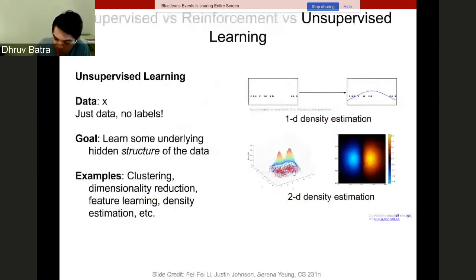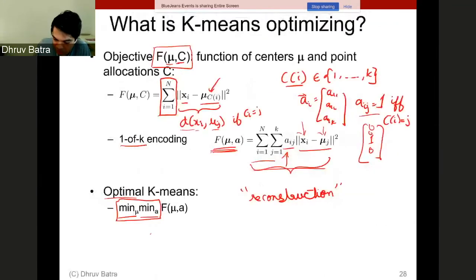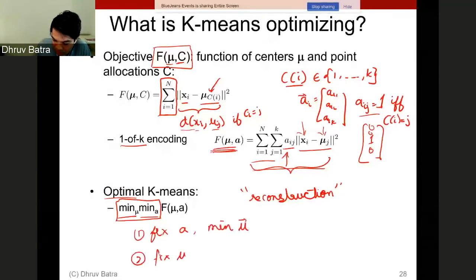So we have now understood, k-means is basically coordinate descent. Fix A, which means fix the cluster center assignment, and minimize mu. This is the cluster center estimation step, and the other step is fix mu, minimize over A. When you fix mu and minimize over A, this is the reassignment step, and when you fix A and minimize over mu, that's the cluster center estimation step.